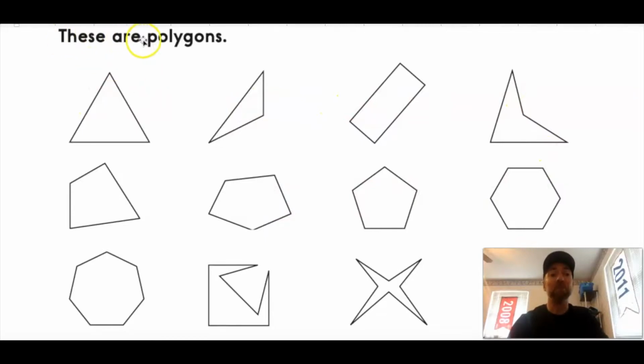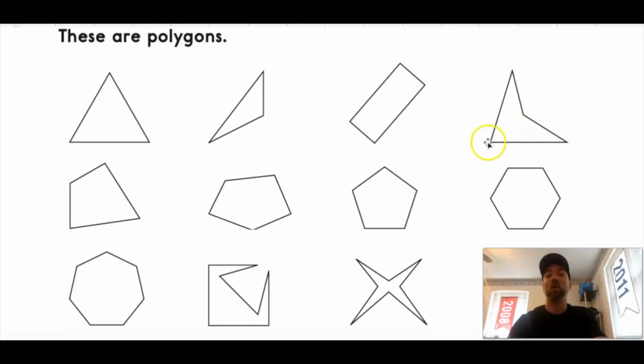These shapes are polygons. Some of these polygons have some really fancy names. This first one here we call a triangle. This is also a triangle. Triangles have 3 sides. This is called a quadrilateral. It has 4 sides.